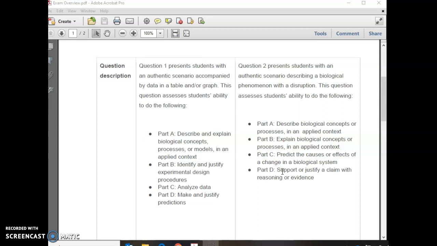Okay, so question 1 is probably going to be 4 parts. Part A says describe and explain biological concepts, processes, or models. And that again is going back to what I was talking about a few minutes ago. They're going to give you some crazy scenario potentially, and your job is going to be to figure out what they are really asking.